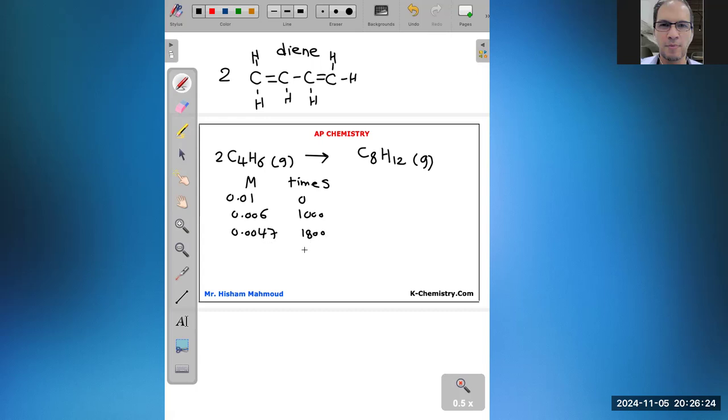I can see that as I go with the time, the concentration of the reactant drops. But what happens for the rate of the reaction? Is this a first order or is it a second order?